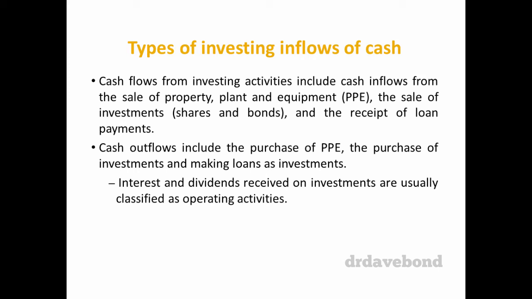We talked about interest and dividends, generally classified as operating activities, although we did see in Woolworths that dividends received were in investing activities. It's a general thing. It's not necessarily exactly the case for each particular company.